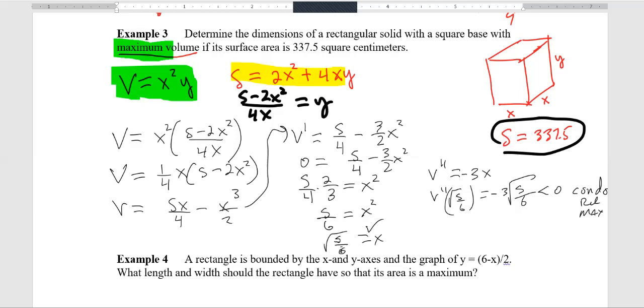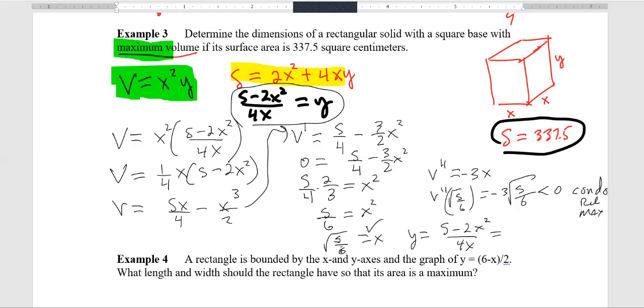So all we need is y, and we will have the coordinates for the maximum volume. So y, of course, is over here. This is y, so that's a little bit of work: s minus 2x squared over 4x.